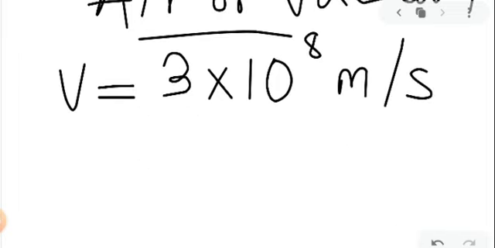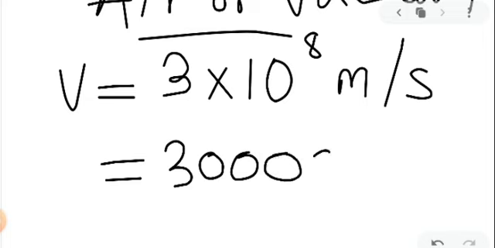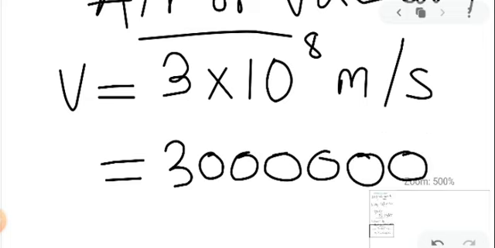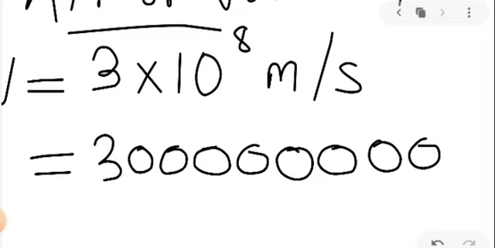So what does 3 into 10 raised to 8 meters per second mean? It means 3 followed by 8 zeros meters in 1 second. So it is like 0.3 billion meters per second.